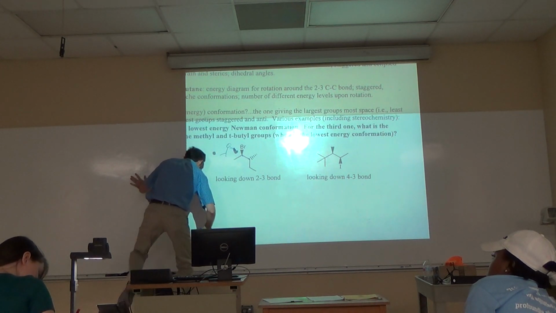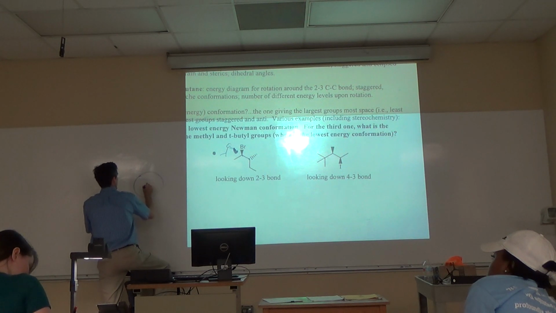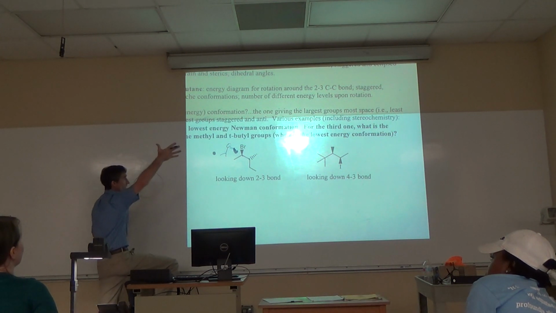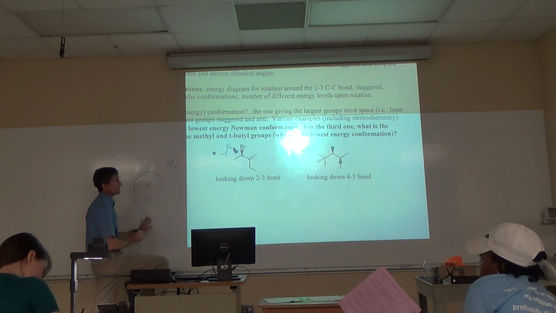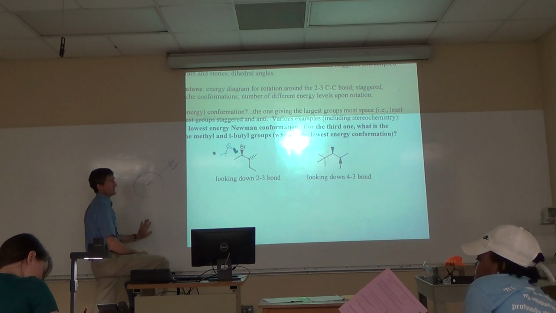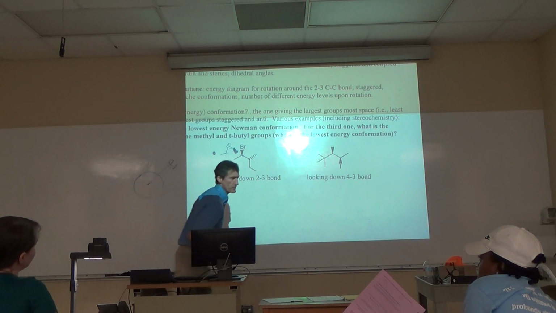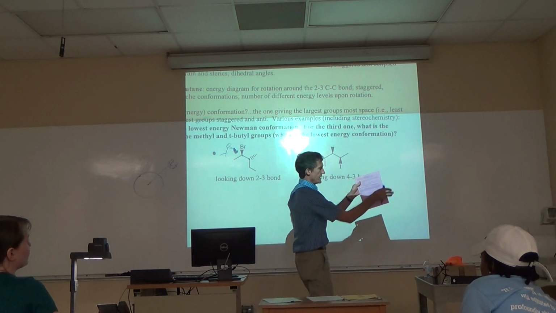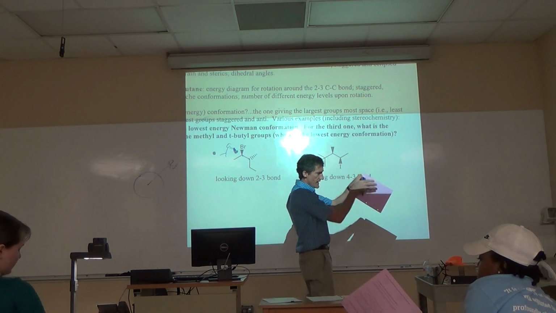What do I see? I'm drawing what I see there. I see a bromine going out. It's also going up and to the right. What's on carbon 2 going straight down? If I hold it like this, looking down the 2, 3, carbon 2 has something that's right down the paper.